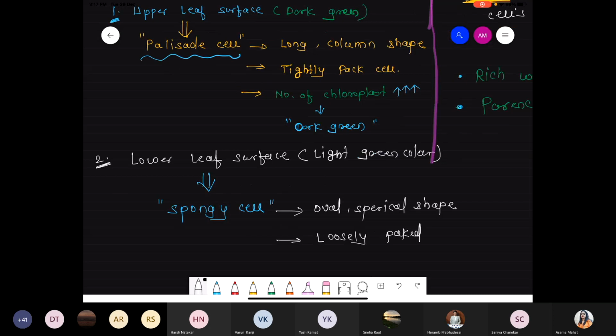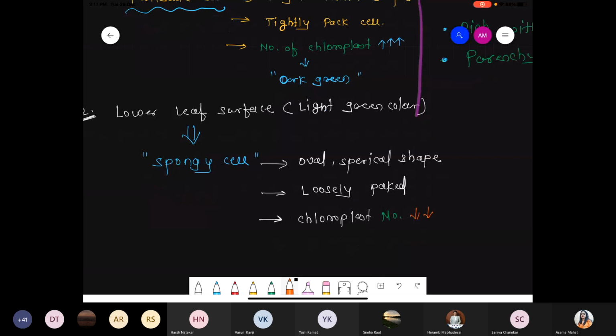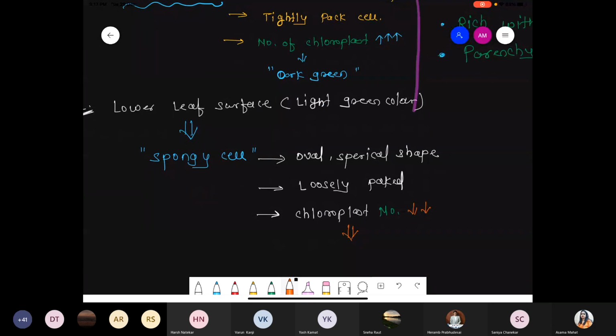Another one, the color is faint, which means the number of chloroplasts is present in a low amount. That's why the color obtained is light or faint green.